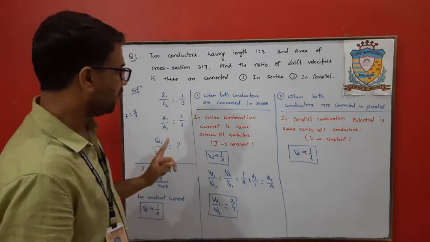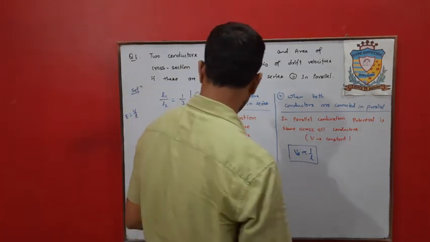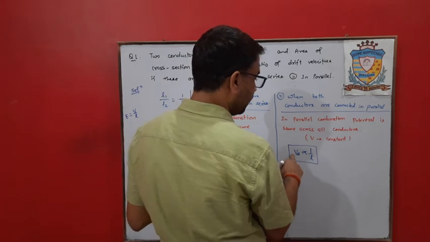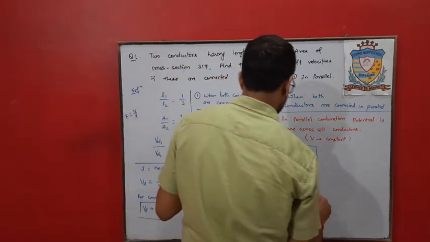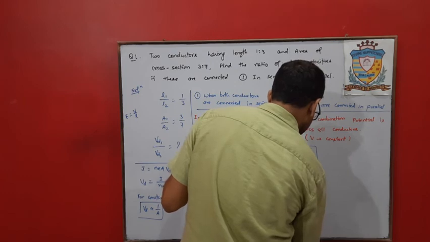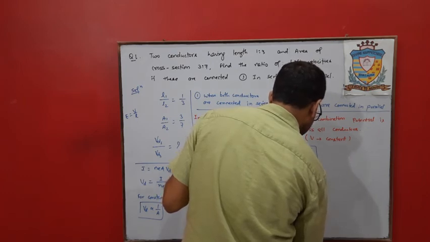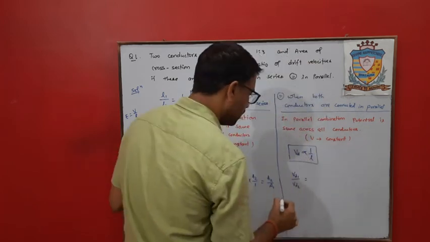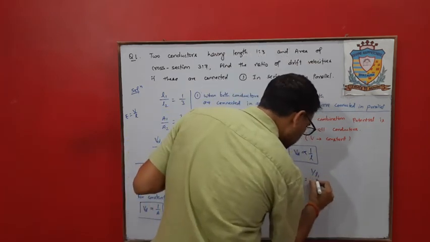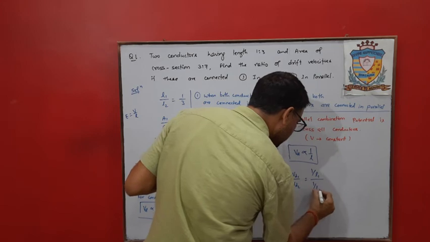Next, in parallel combination, Vd is inversely proportional to length. So Vd1 upon Vd2 is equal to 1 upon L1 over 1 upon L2.